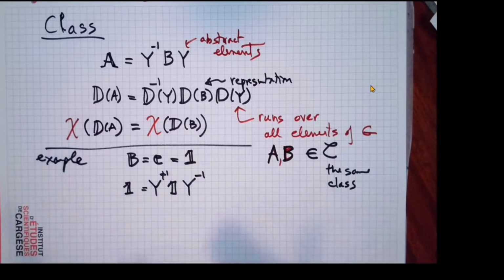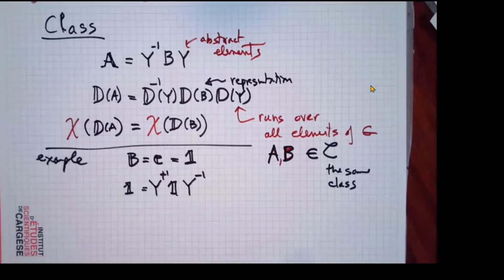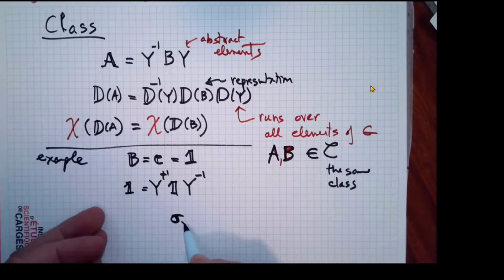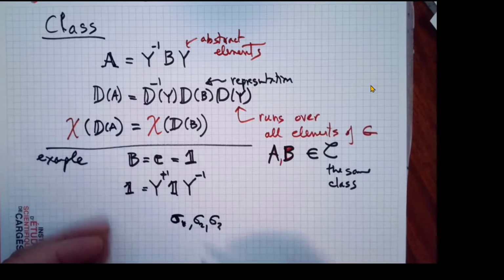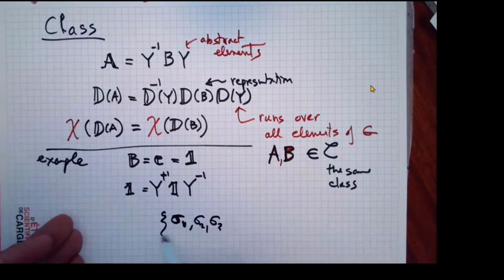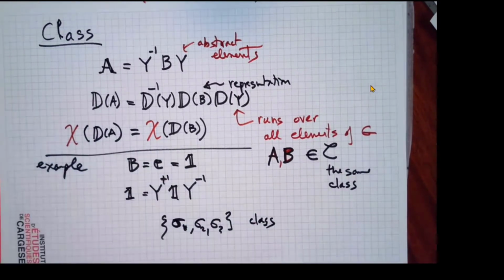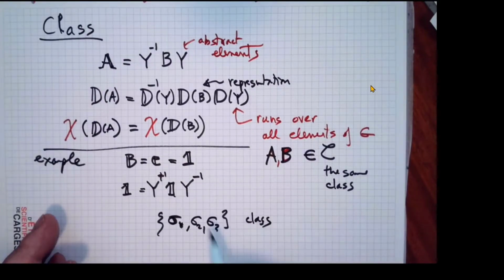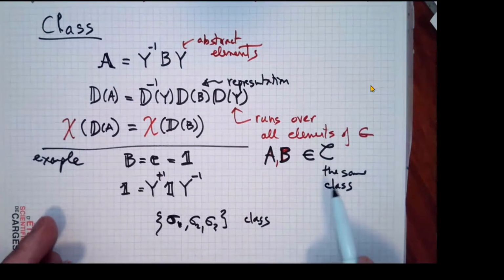The other ones, we can work them out for the 6 elements of the symmetries of the triangle. Sigma across one axis, sigma second axis, sigma third, the three symmetry axes of the triangle, they form a class. And that you check by multiplication. Rotating will permute them if you use rotation elements. So Y is one of the rotations. It'll just permute the set, but leave it the same set.